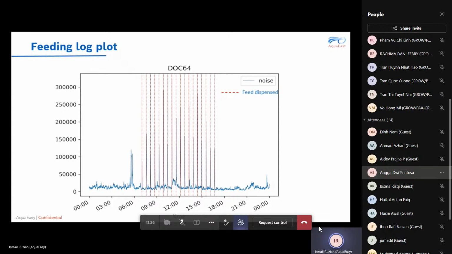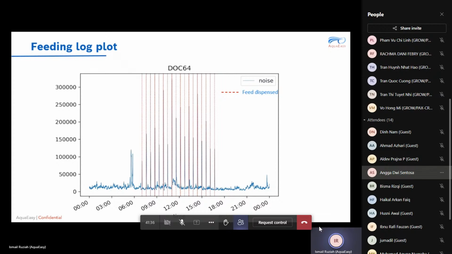We will transfer it to a WhatsApp message. We will tell the farmer for each pond how the situation is now, whether they are hungry or need more feeding. And also you can see, roughly every 2 hours, how much feed has been dispensed into the pond and what the response is. So this is a more friendly user interface. We'll let the farmer use our feeding response, the hydrophone signal.